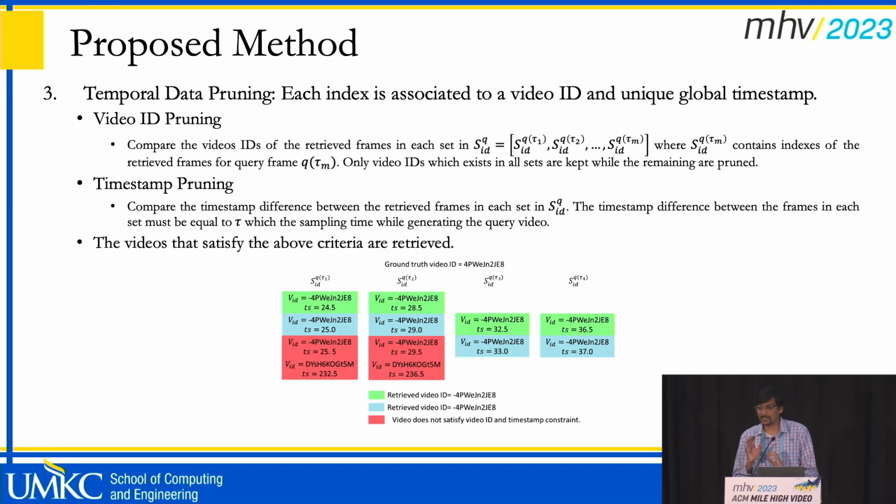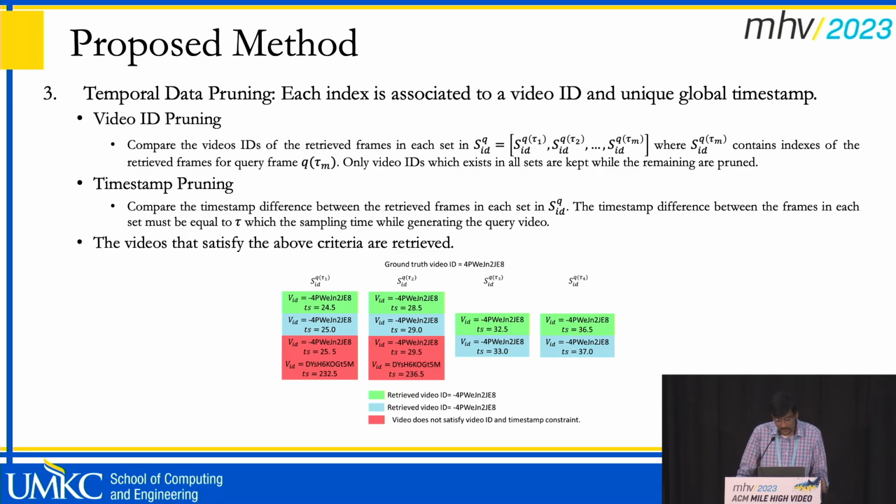Let's say we have a query video, and we represent the query video as 4 frames uniformly sampled at a time step of tau. So we will have 4 sets, and each set will contain the retrieved frame indexes for that particular frame, q tau of m. We only keep the video IDs which exist in all these sets.